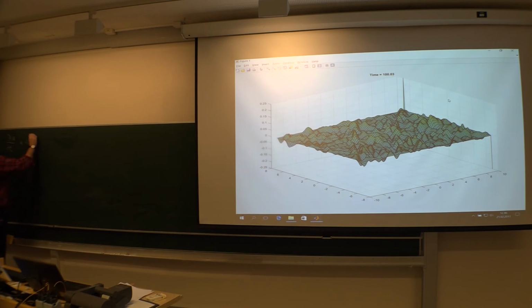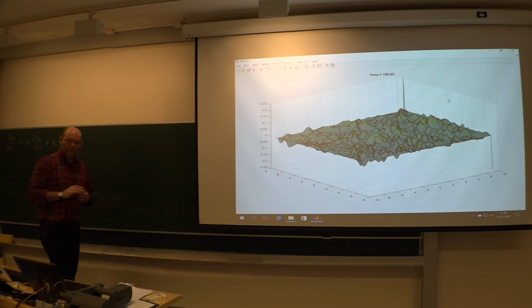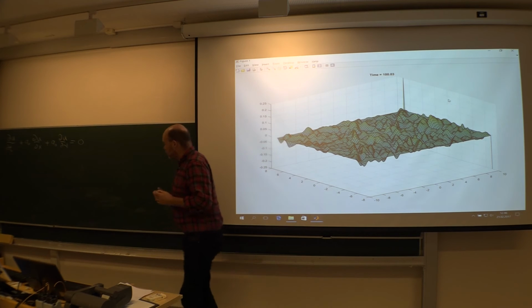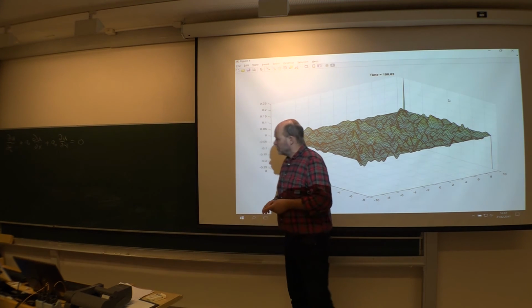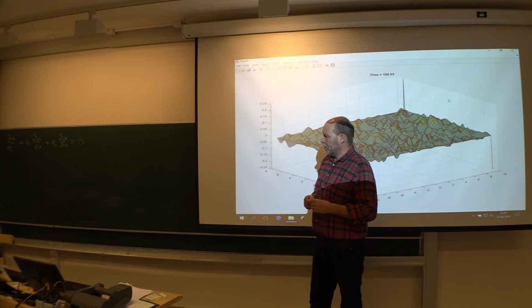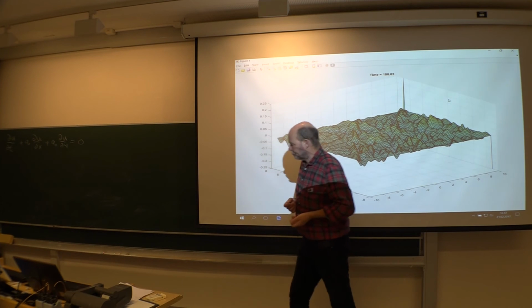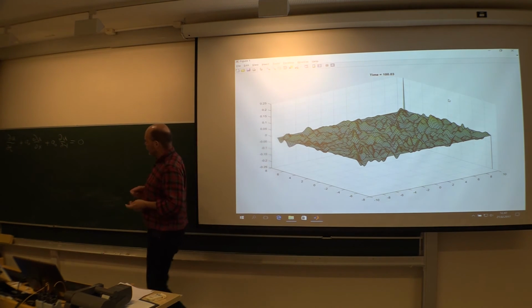I'll just call it a0. X derivative and the same velocity, and now y derivative equal to 0. So there you have a transient version of the advection equation. Just added the time derivative in front. That's it. Now solve that one.